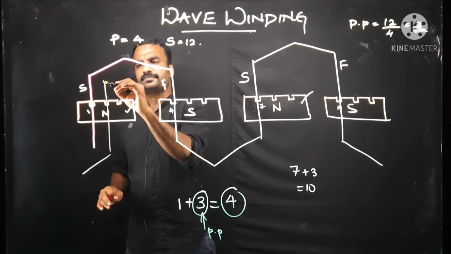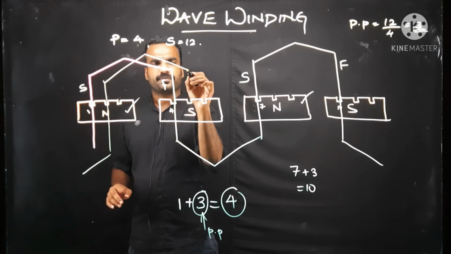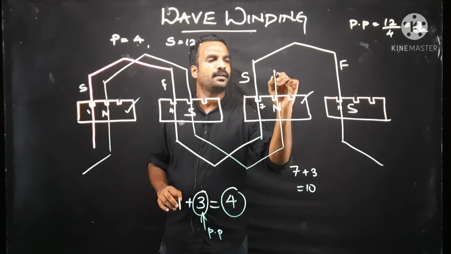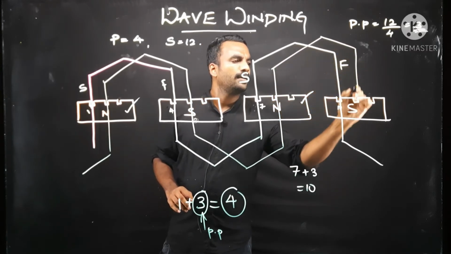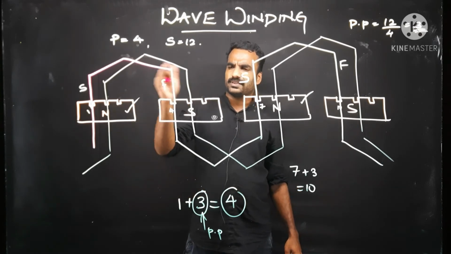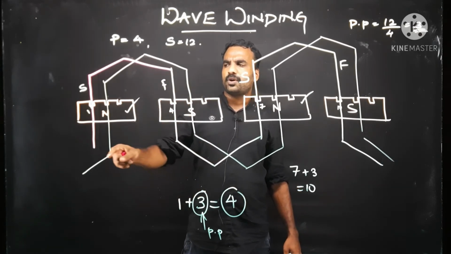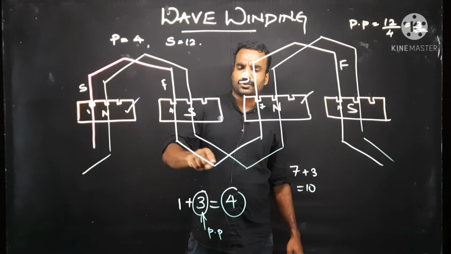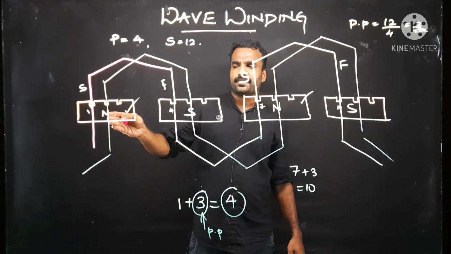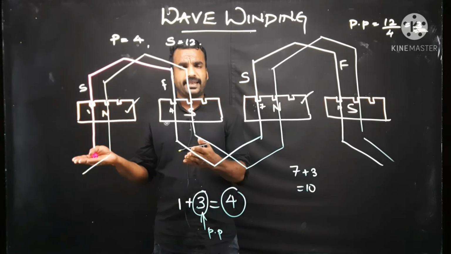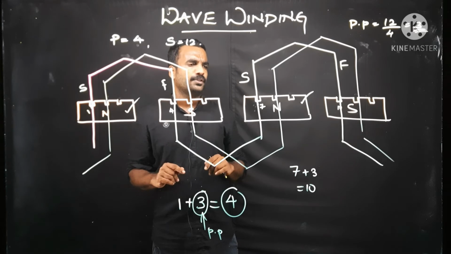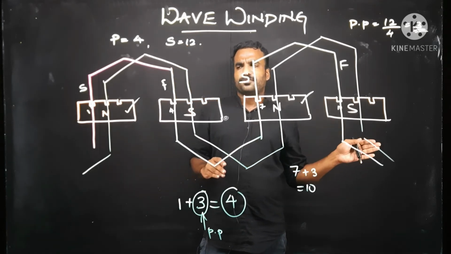I will draw it like this. But I don't suggest you draw the second step. You have to show the first slot usage only. The second slot usage you can draw as I did, but that is not needed in your notebook. So this is the way of wave winding.